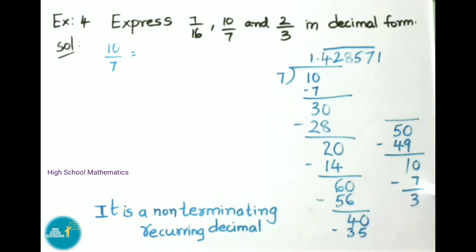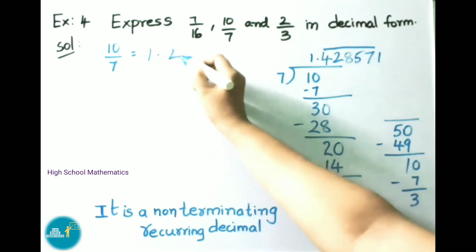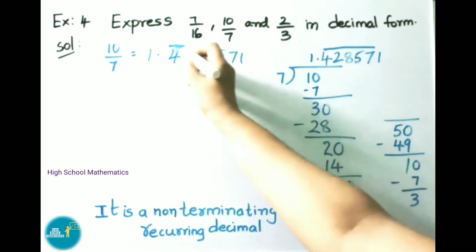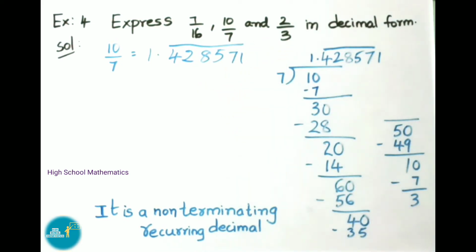If we continue the process of dividing here, we will get these numbers repeated again and again. That's why it is a non-terminating recurring decimal. So our answer is 1.428571 bar. Bar indicates the recurring decimal.